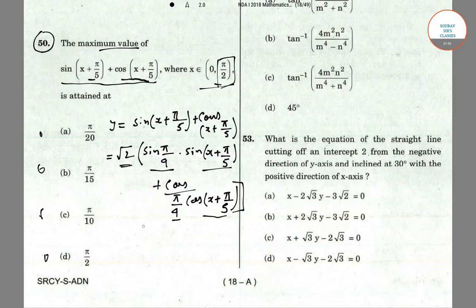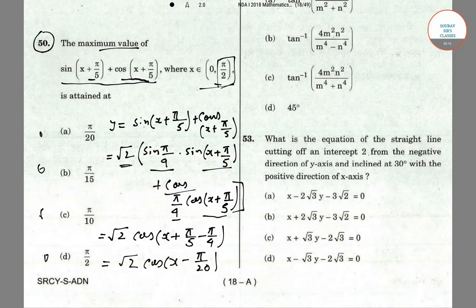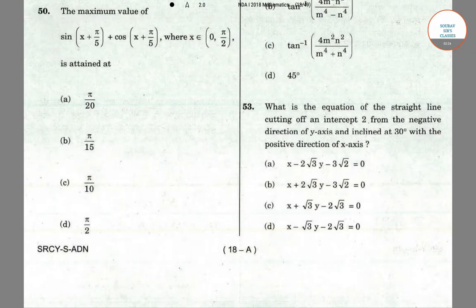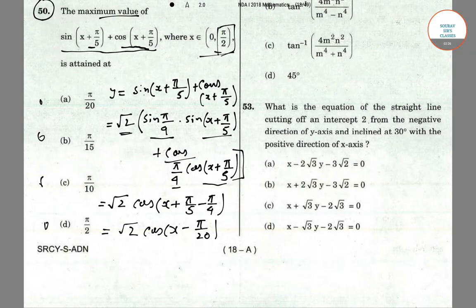Now we can further solve it. It will be equal to root 2 cos(x + pi/5 minus pi/4). Now if you simply solve it, you will get the value to be root 2 cos(x minus pi/20).